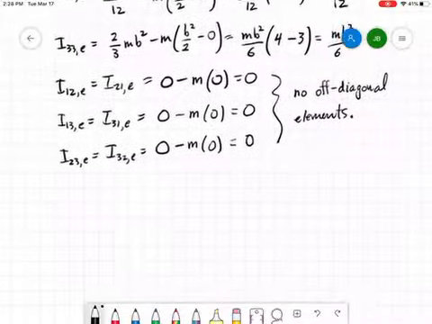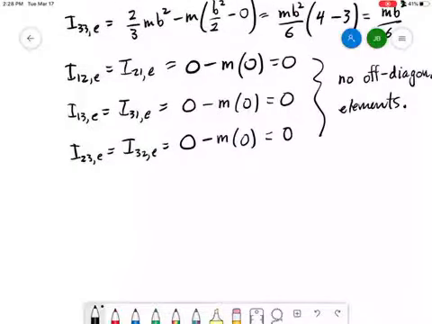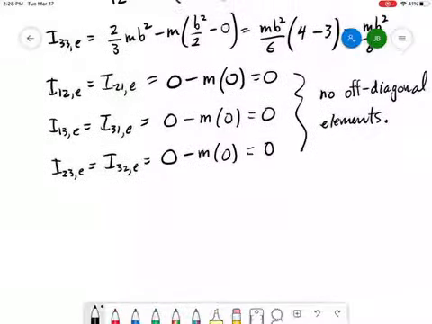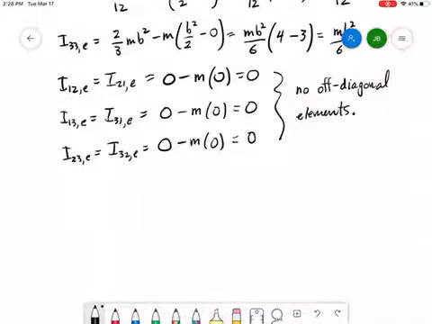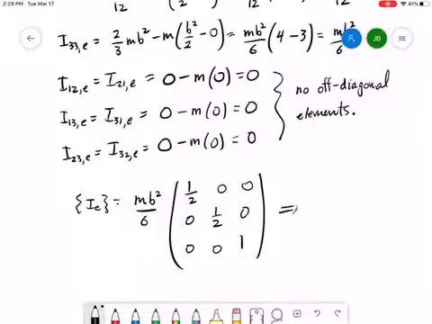So when we construct our inertia tensor, what it has is mb squared over 6, and then we had a 1/12, so I'll write that as a 1/2, 0, 0, 0, 1/2, 0, 0, 0, 1, and so it's diagonal.